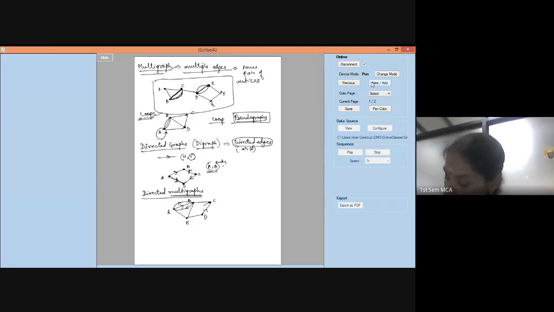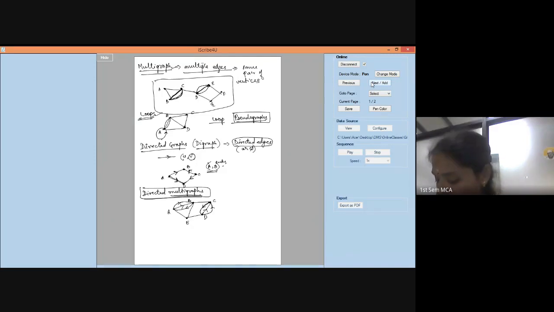I can have one more edge like this. So from C to D also I have an edge. I can show one more edge, D to C. So D to C I have two edges and C to D I have one edge. This is called a directed multigraph. These are all different ways in which you can represent the graph.